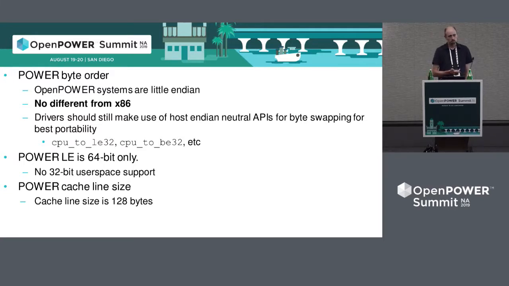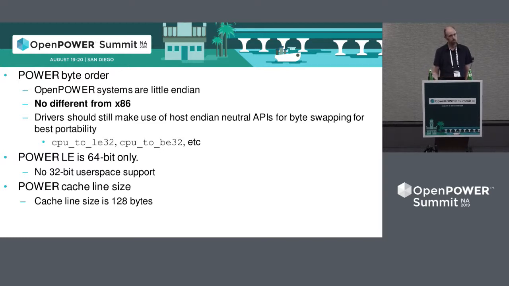So to start out with, byte order. It's still an issue for some folks, but from a Linux perspective, we're rapidly racing towards Little Endian as the prime focus. If we look at all the OpenPOWER systems that are out there today, the vast majority of them are running Little Endian.